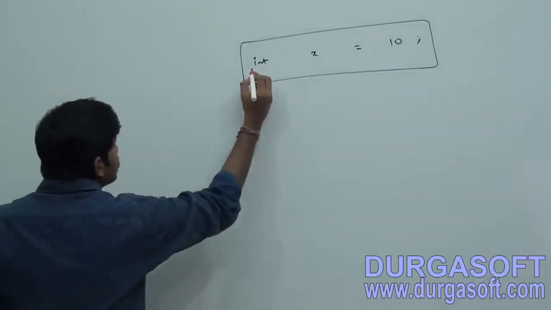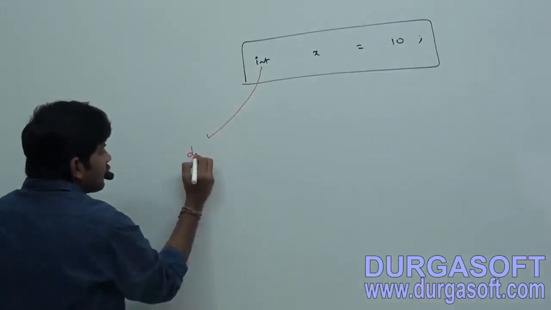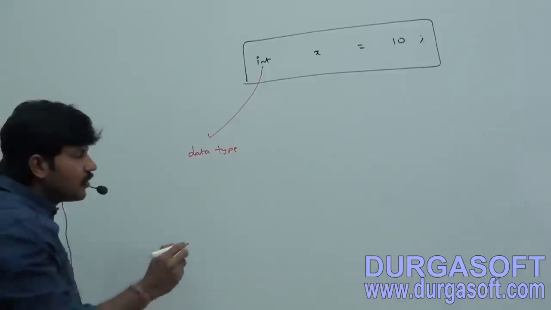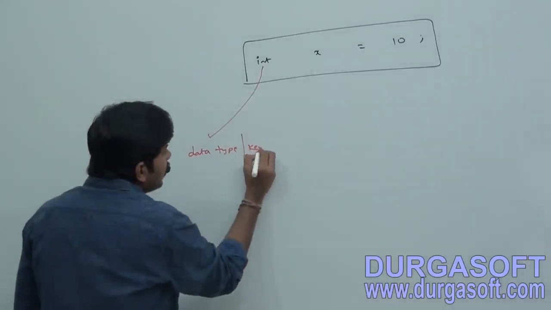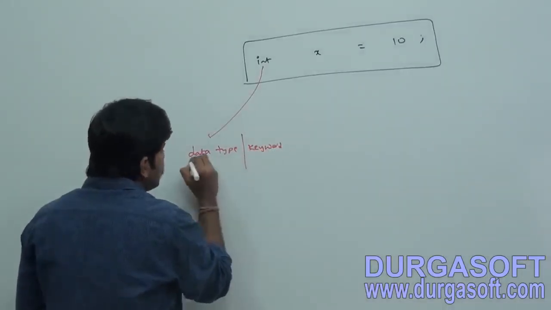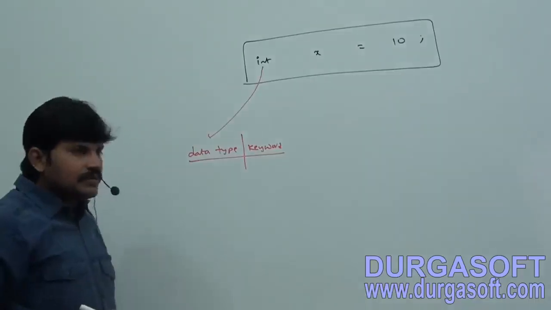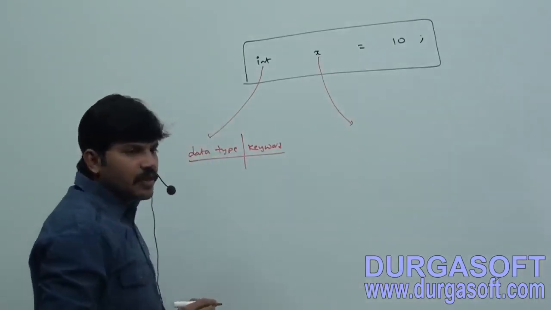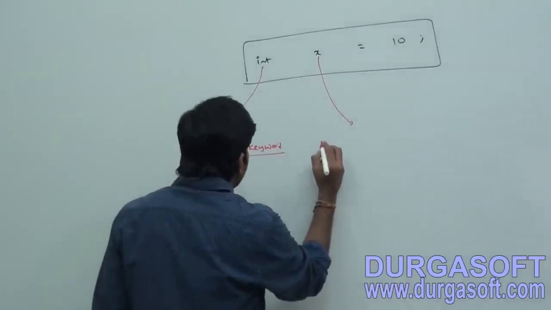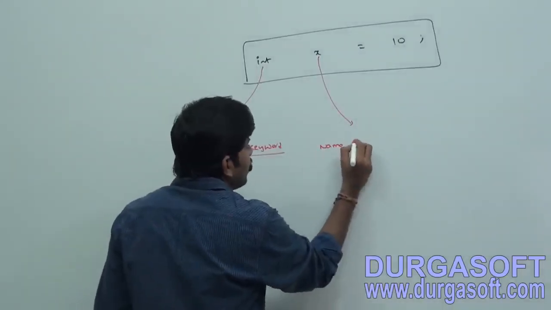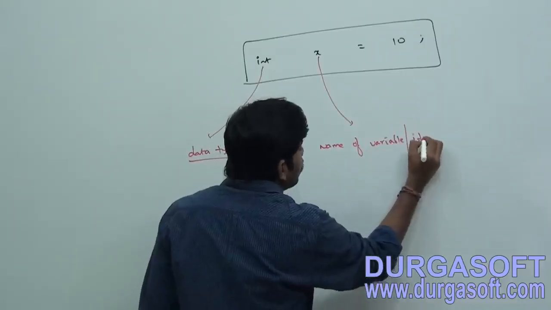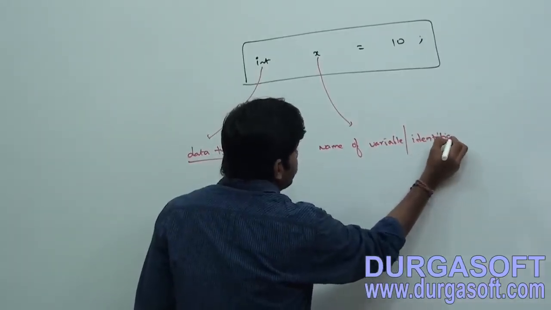Int is a data type, or we can use the term keyword. Next, can you tell what is x? x is the name of the variable. We can use the word identifier.